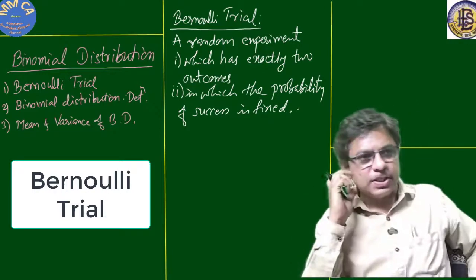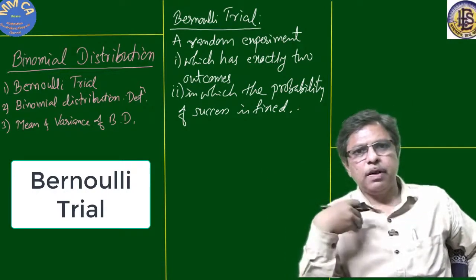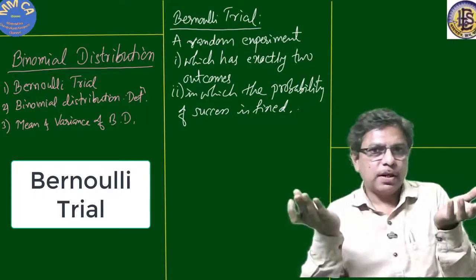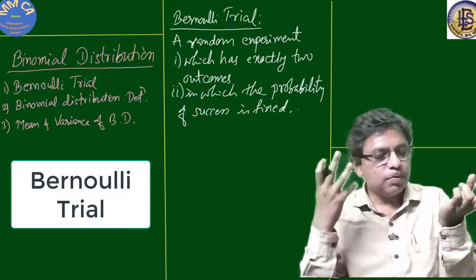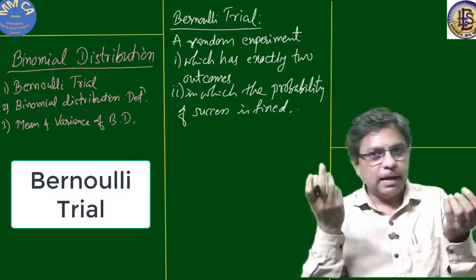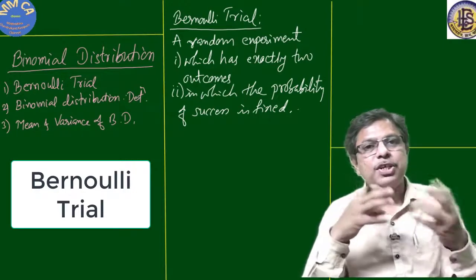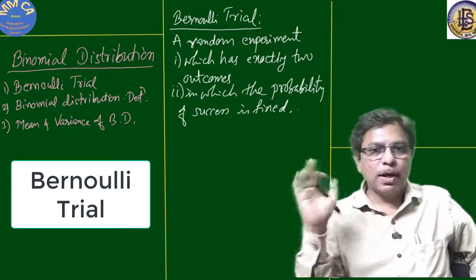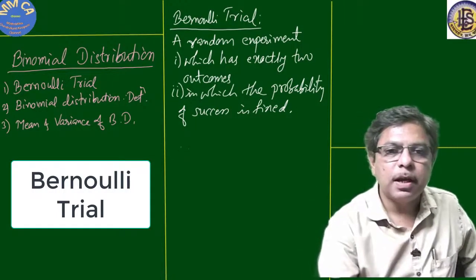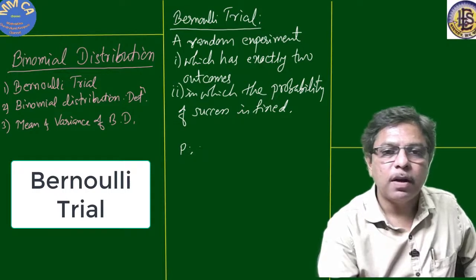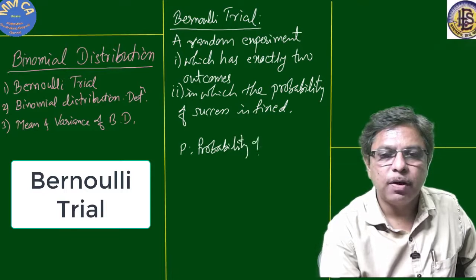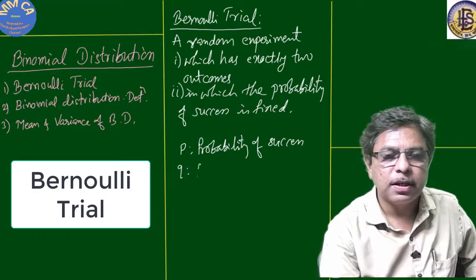And the second condition is that the probability of success is fixed. When we go for an experiment, we get two outcomes: one is success, another is called failure. The probability of success is fixed, which means the probability of failure must also be fixed. So they are not changing in different trials. Then that trial is called a Bernoulli trial. Now we'll use a small letter p for the probability of success, and the small letter q denotes the probability of failure.